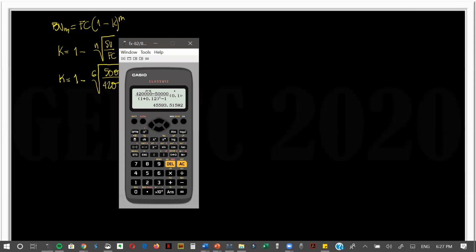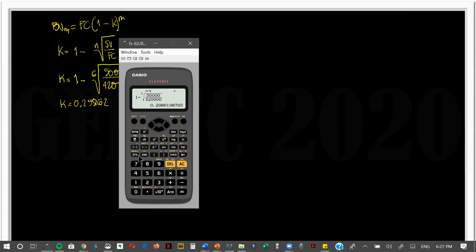So if we solve for k, it's 1 minus the 6th root of the salvage value, which is 50,000, over the first cost, which is 420,000. Evaluating that, 1 minus the 6th root of 50,000 over 420,000 is 0.29862. I'm going to store that to A.